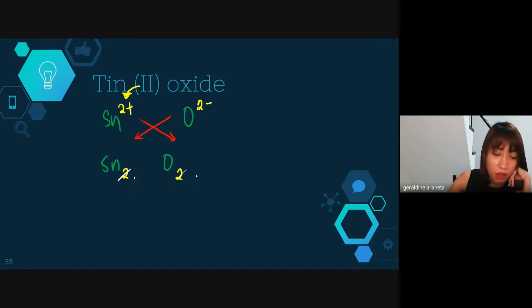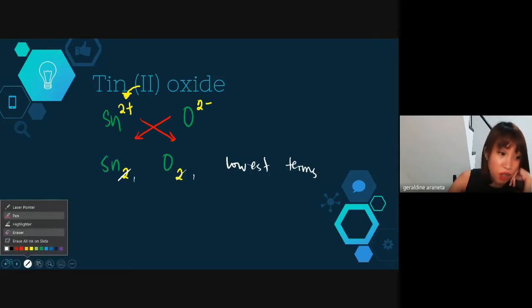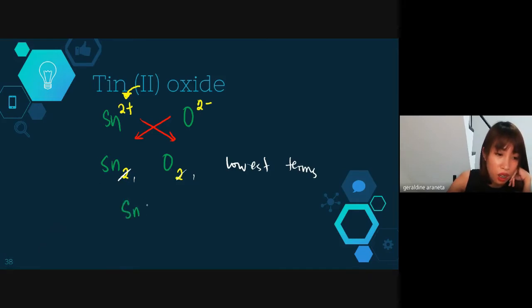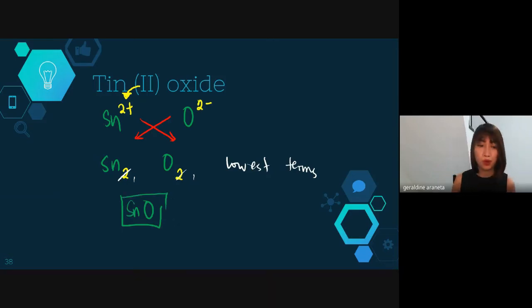This will become 1. Naka lowest terms na siya. Okay, so since it is 1 already, we do not have to write it anymore. So we get SnO. This is the chemical formula for tin 2 oxide. Okay, is it understood?